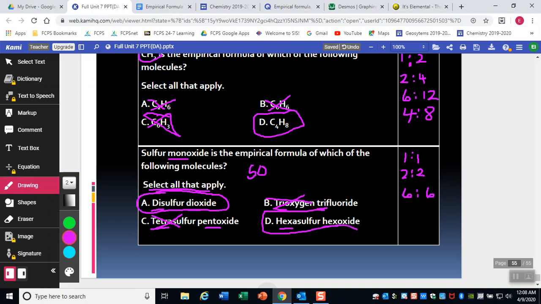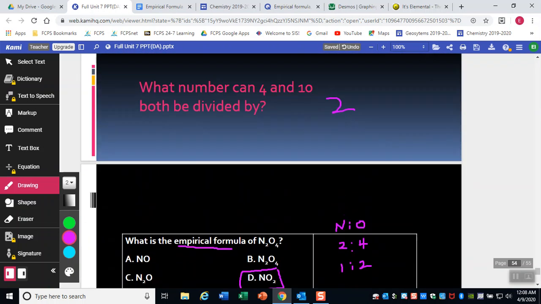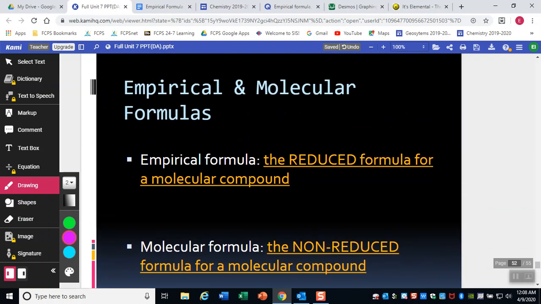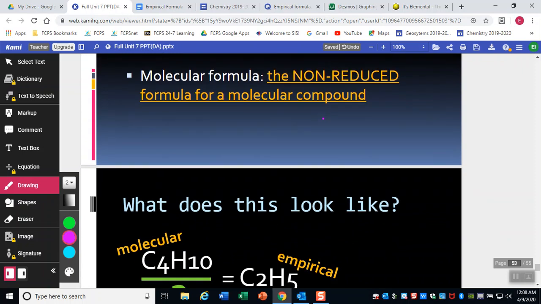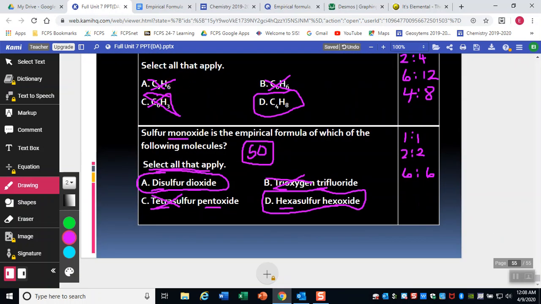So these are my 2 molecular formulas that reduce to sulfur monoxide. So that is the basics of empirical formulas compared to molecular formulas. And you'll see in the practice there are different kinds of problems that you can work with knowing that. All right, good luck.